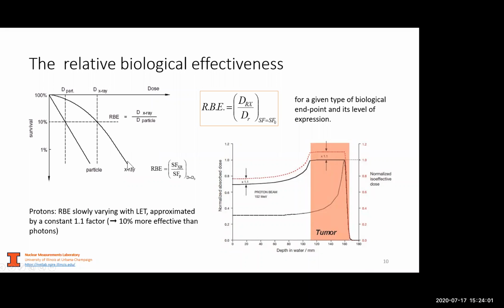And this is the concept behind the relative biological effectiveness, which is the difference between charged particles and X-rays to achieve the same clinical endpoint. So what is the dose that I need to deliver to obtain the same cell fraction killing? And this is the RBE.